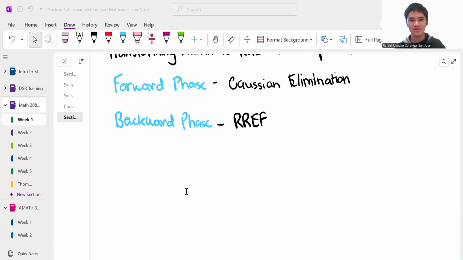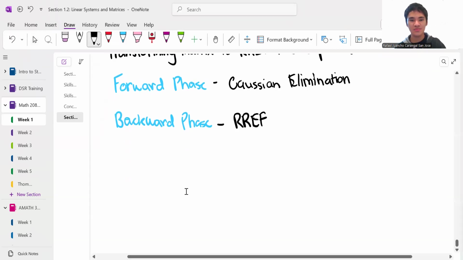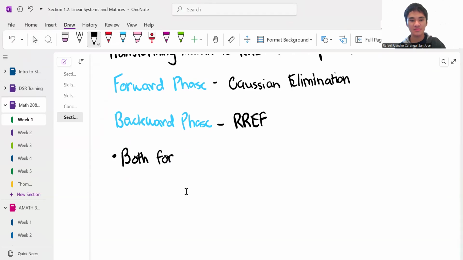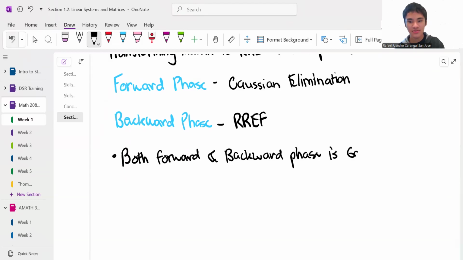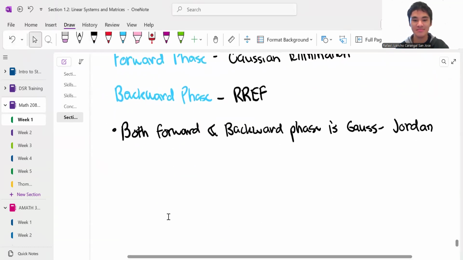And basically, what we're saying here is both forward and backward phase is Gauss-Jordan. So doing both, that's Gauss-Jordan, right?